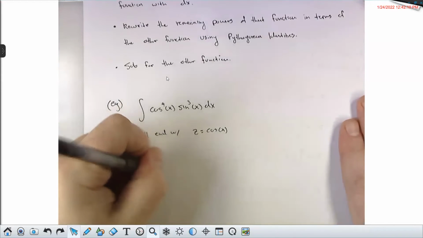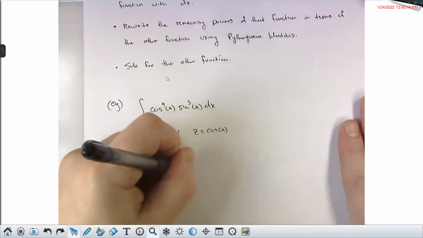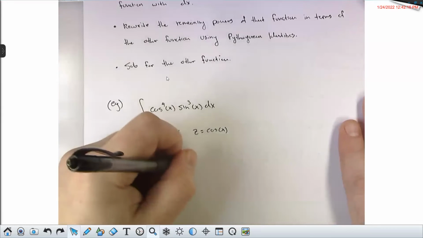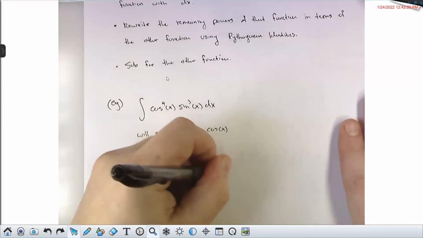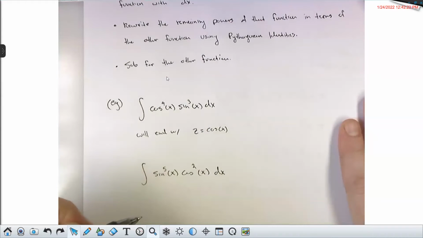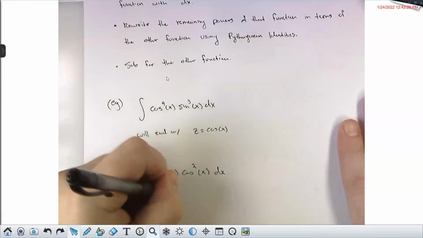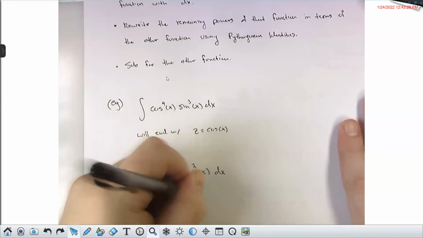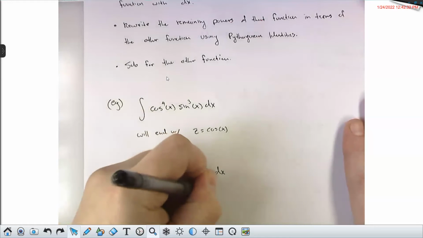And in the integral sine to the fifth x times cos squared x, you would set aside one copy of the sine function with dx, and this will end with the substitution z equals cos x again.